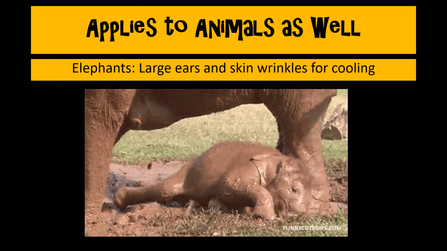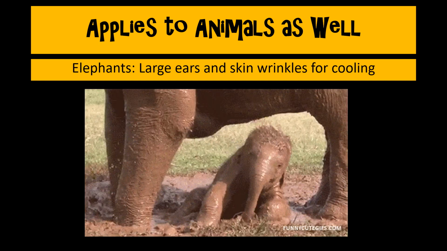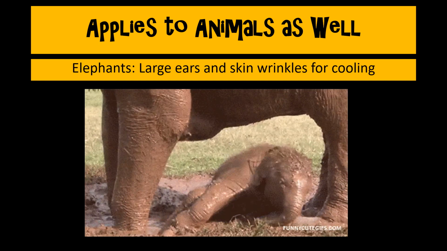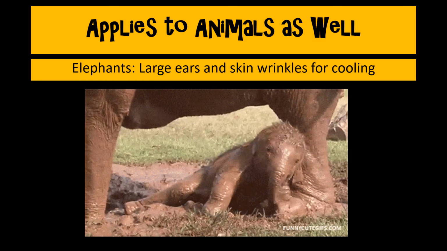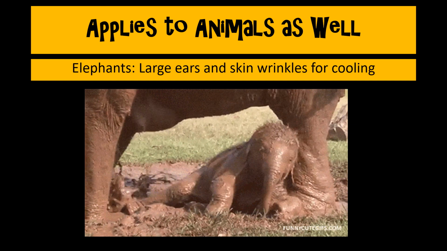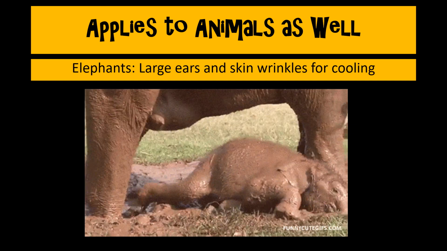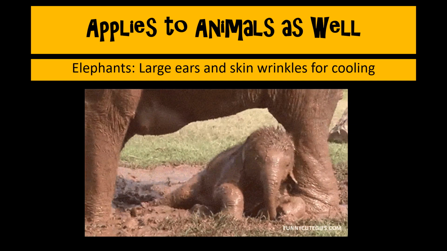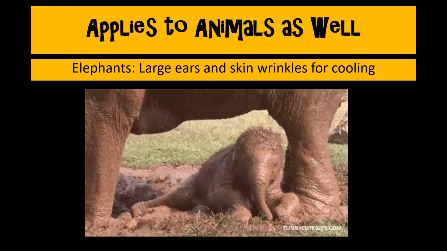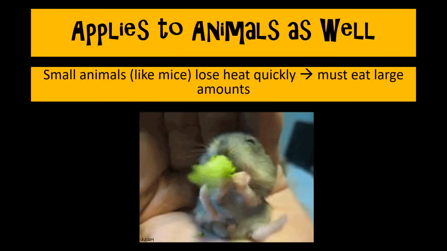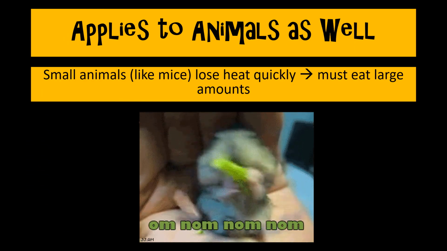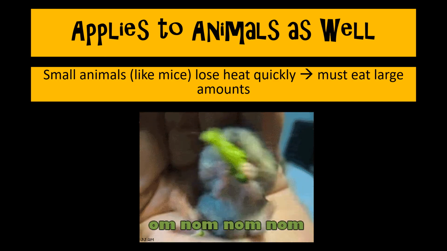This also can apply to animals. One of the reasons elephants have large ears and skin wrinkles is to increase that surface area to volume ratio, primarily for cooling, so that they can cool their body relatively quickly without much effort. Looking at elephants compared to mice, this applies to small animals as well.